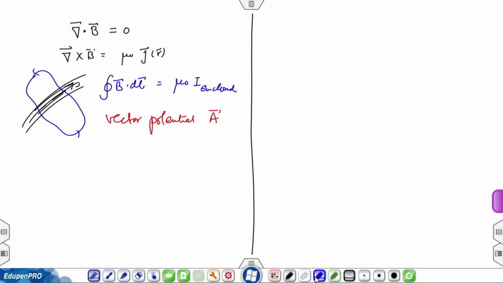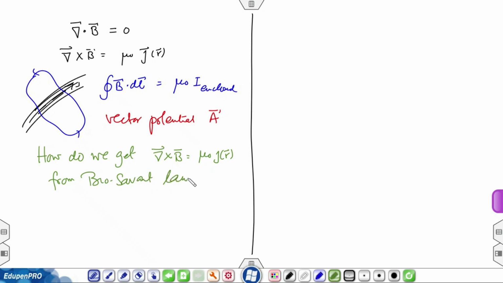Let us first do, how do we get del cross B equals mu naught J(r) from the Biot-Savart law. I am doing this so that you start visualizing the currents and the fields and how we manipulate this.